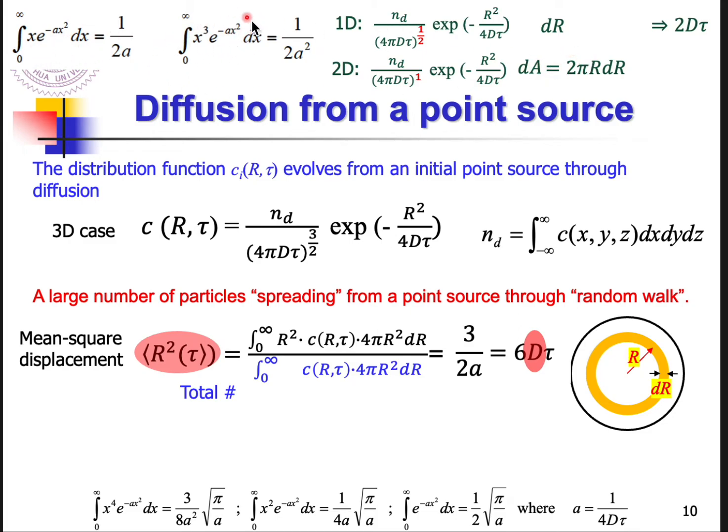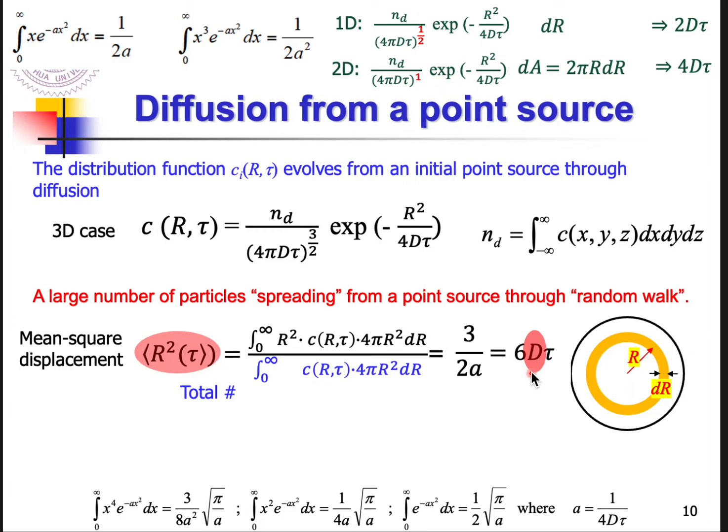The upper portion will be like this, and the bottom portion will be this term directly. So this divided by this, what you are going to get is 4Dτ. So 1-dimensional 2Dτ, 2-dimensional 4Dτ, and 3-dimensional 6Dτ is easy to remember.